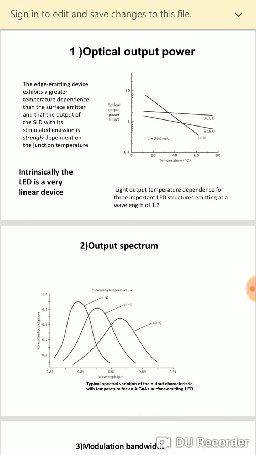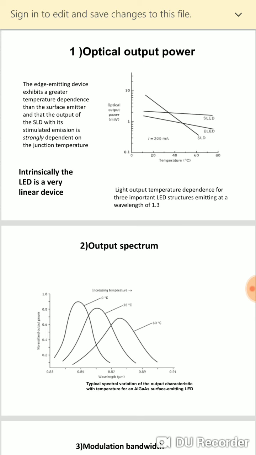Second, output spectrum, that is the graph of the output power versus the wavelength. If the output spectrum is narrow, that means the wavelength difference is less and we are getting a chromatic source of light, or an intense beam of light at the output.